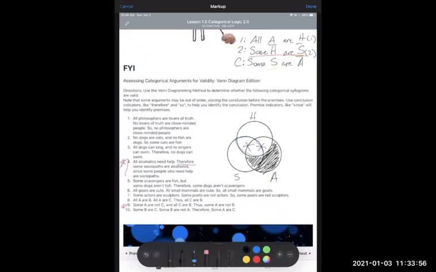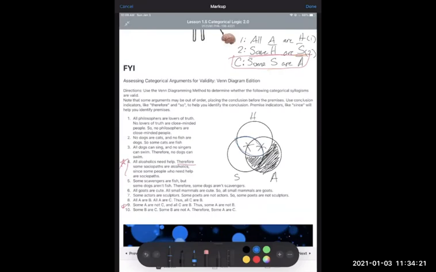All right, so what do we know at this point? Well, we've diagrammed all the information from the premises. Now what we do is check to see if the conclusion is actually diagrammed already. So some S are A. Does this diagram show conclusively that some S are A?